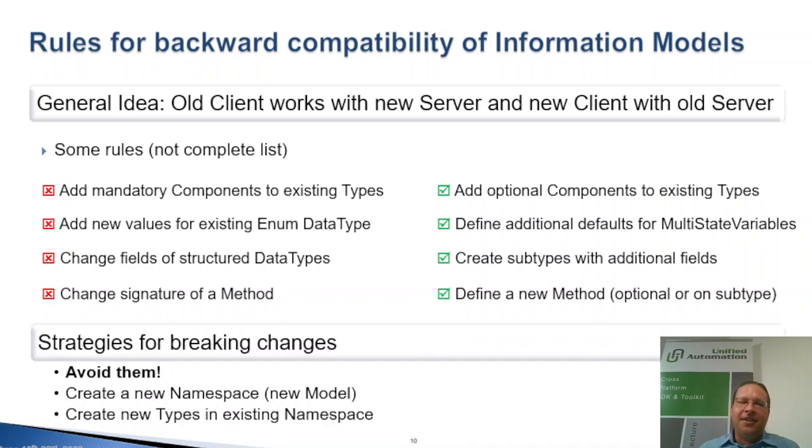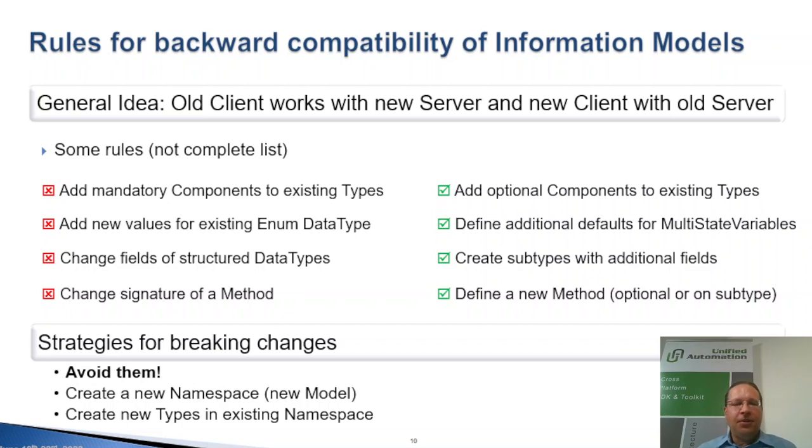As a general strategy for breaking changes: don't do them, avoid them if possible, but sometimes it's not possible. That's also true for companion specifications. We have several companion specifications which already have a version 2.0, which means it's a breaking change. If you do this, you still have two options.